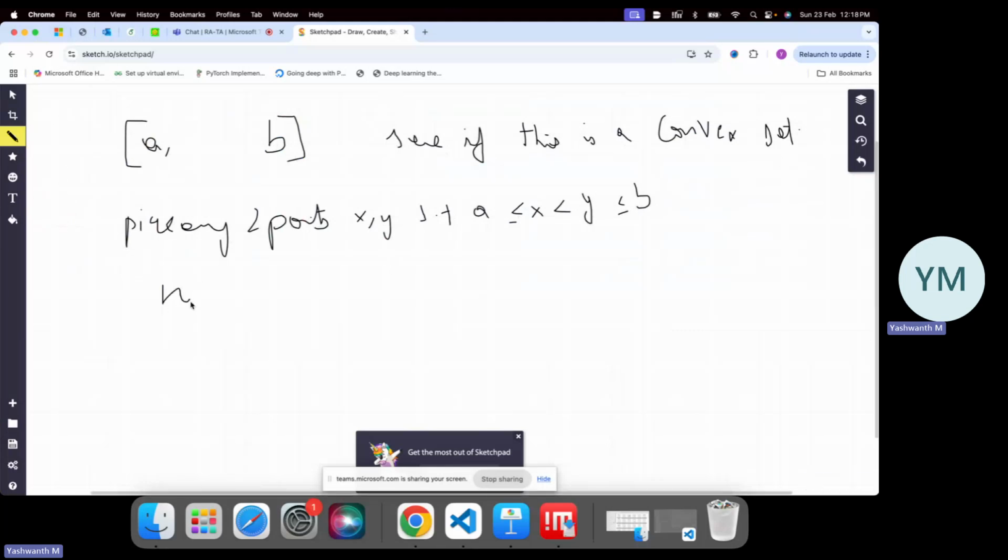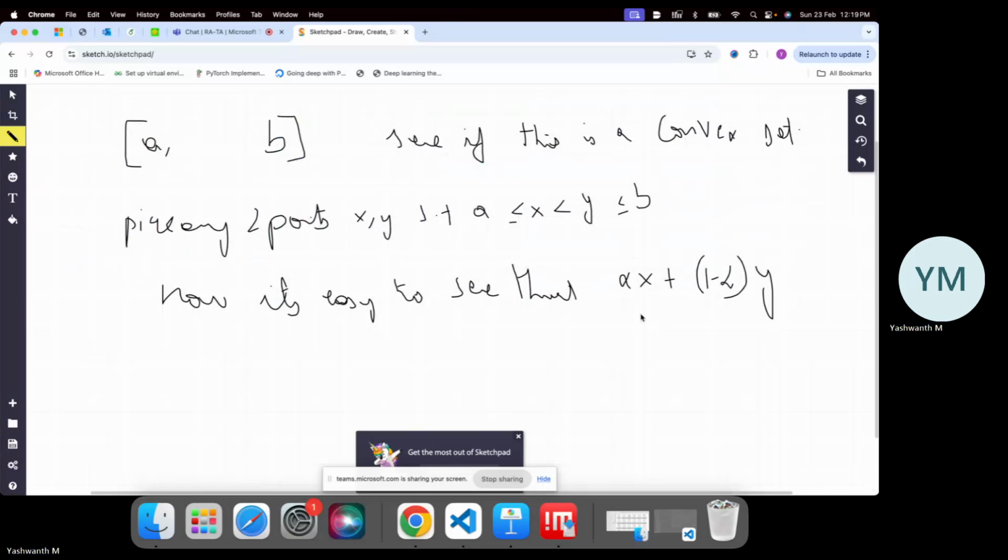And now it's easy to see that alpha x plus (1 minus alpha) y belongs to [a, b].